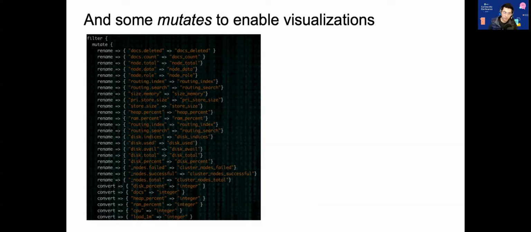Rename is used to rename the fields with dots and change them to underscores, because Elasticsearch automatically considers field names with dots as hierarchies, which will cause problems. And convert is used to convert fields like disk percentage, heap percentage, etc. to integers, so that we can visualize them using metric aggregations like average, percentiles, etc.